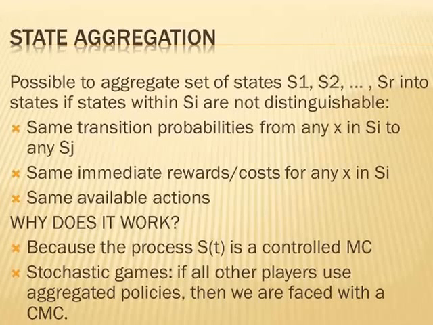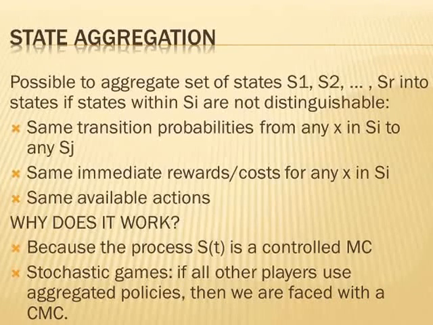First of all, within each one of these sets, states have to be indistinguishable in the following sense. The transition probabilities from any state x within Si to any other group of states Sj have to be the same.